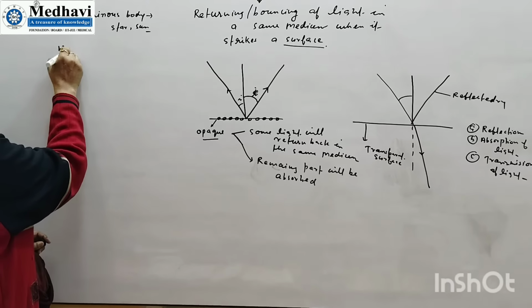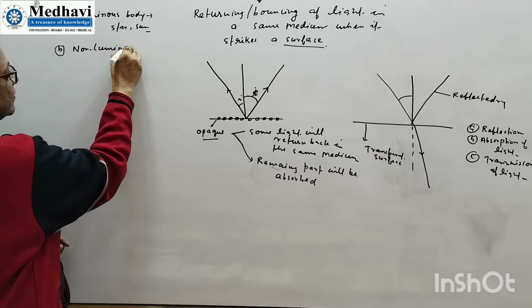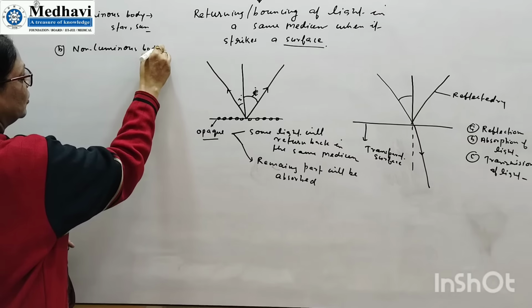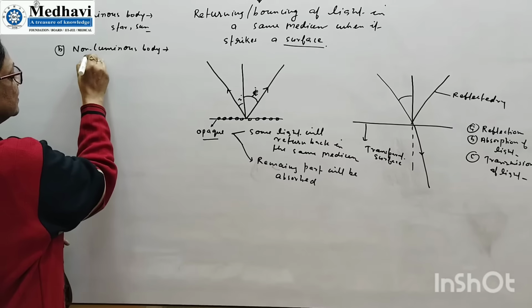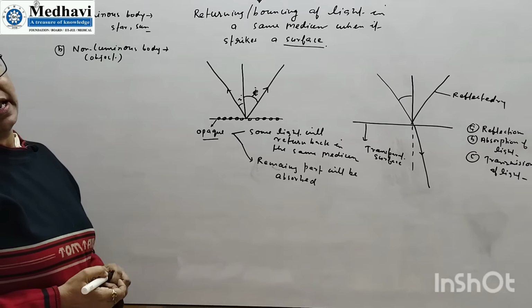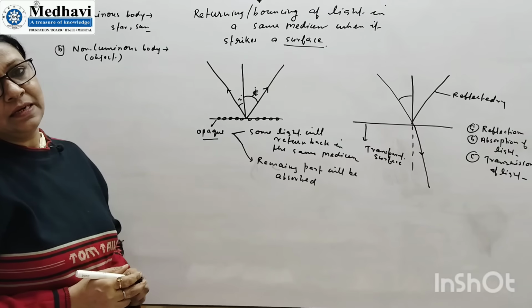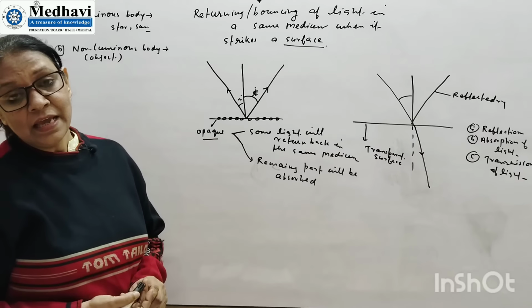But non-luminous objects are those that do not emit light, so they are visible only if light falls on them, and after reflection that light falls on our eye.